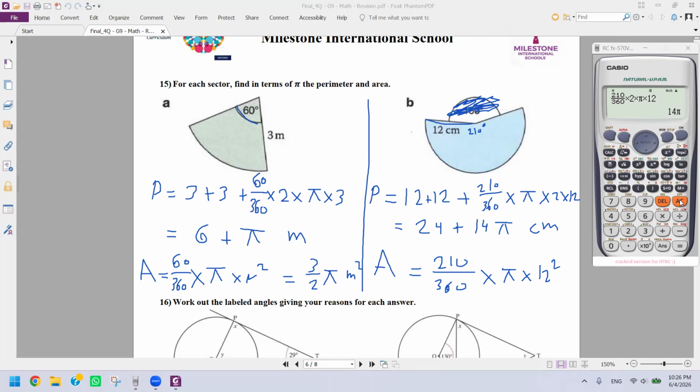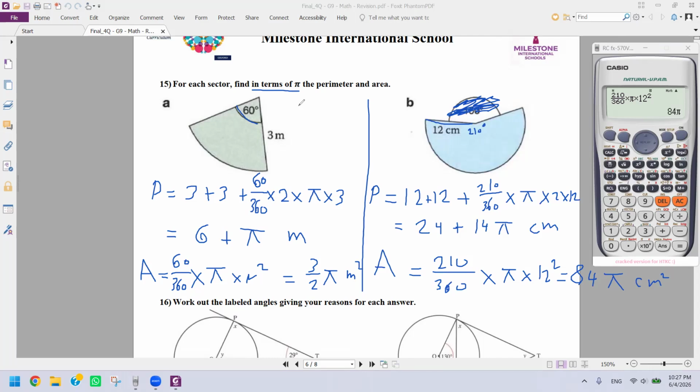Do it on the calculator. 210 over 360 times pi times 12 square, r squared. 84 pi. Unit centimeter square.